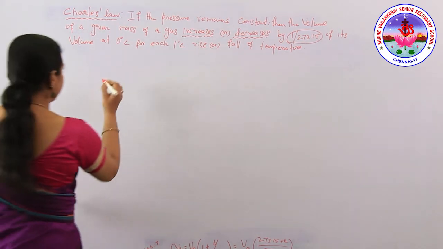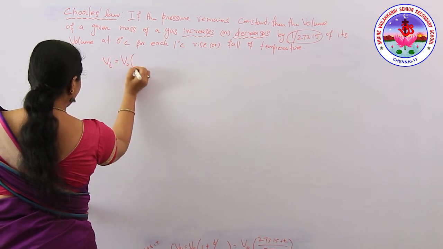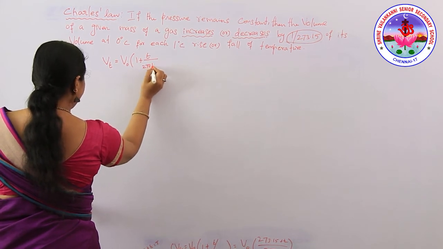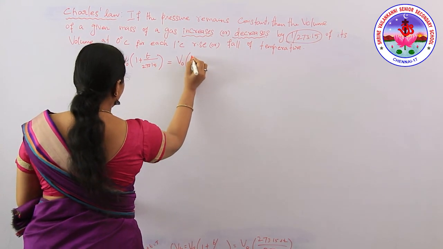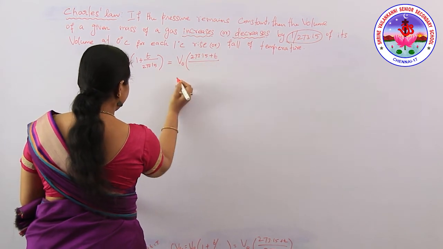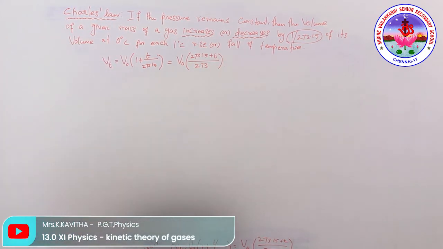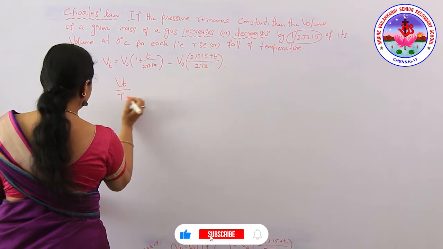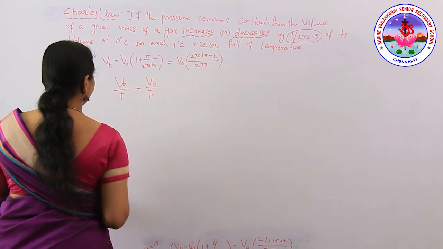Mathematically, Vt is equal to V0 into 1 plus t by 273.15, which is V0 times (273.15 plus t) divided by 273.15. Here we can write Vt by T is equal to V naught by T naught.